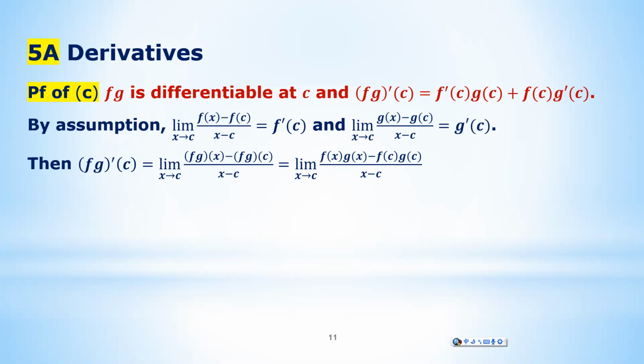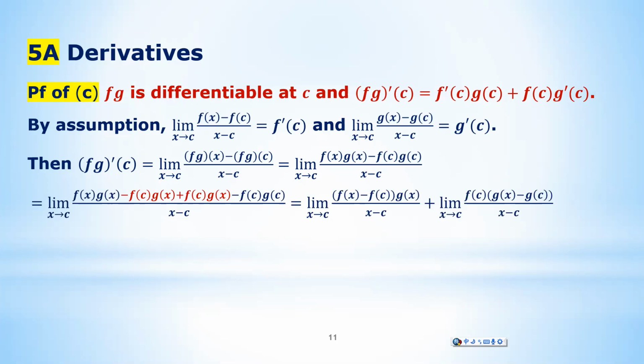So what we should do is the following. I'm going to insert, you can see the red term, two equal terms which cancel each other: f(c)g(x), one with a minus sign and one with a plus sign. Now by introducing these two terms, I can break in the middle of this limit.